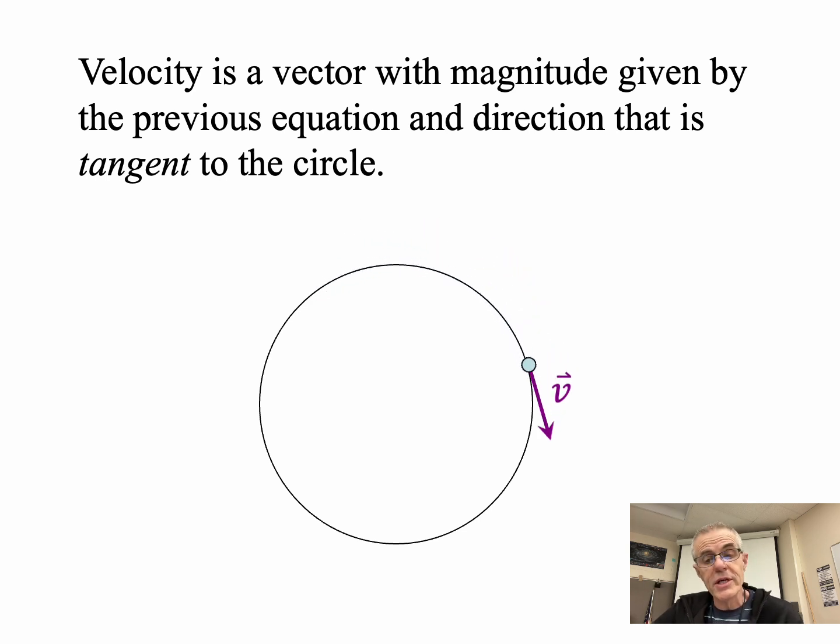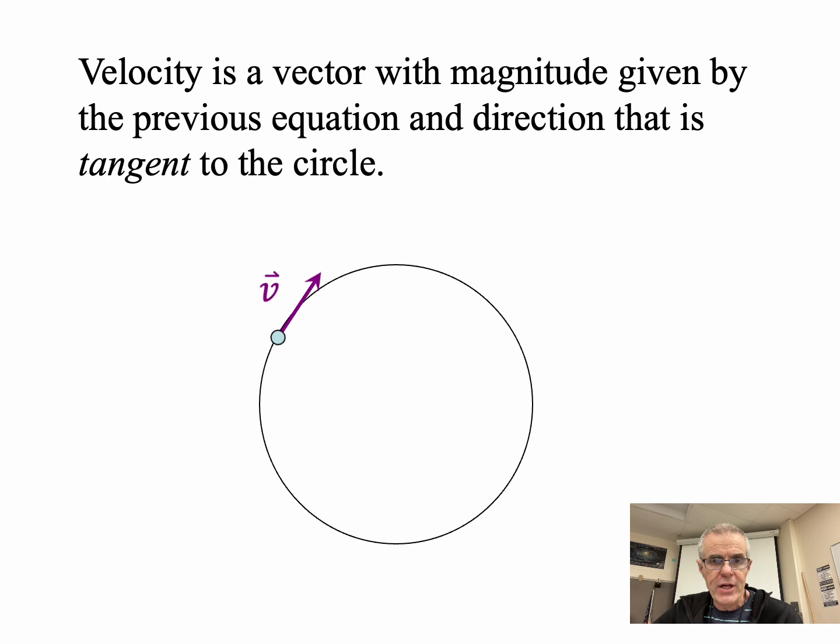Also would be perpendicular to a radius drawn to the point where the object is. So velocity for circular motion is always tangent. That's actually also true even if it's not uniform circular motion. It would also be true for an object moving in a circular path with a changing speed. It would still be a tangent velocity vector at all times.